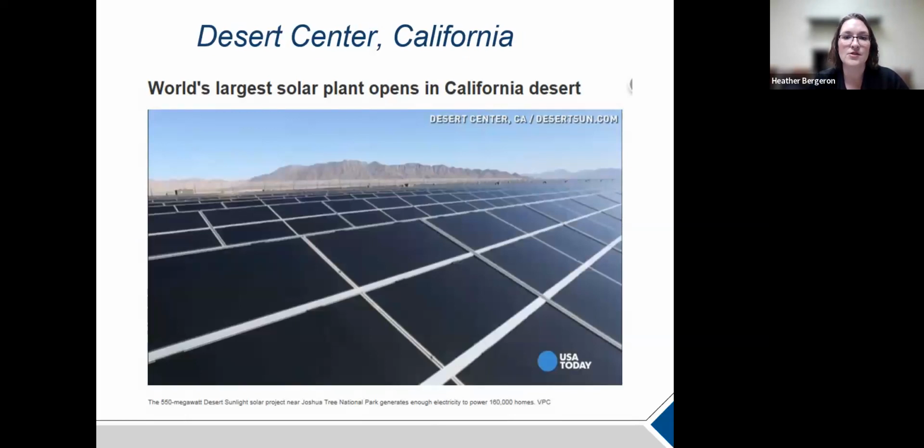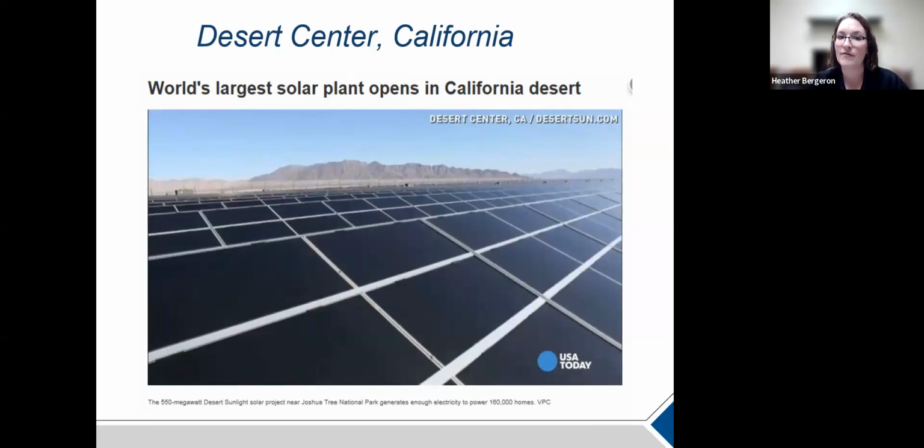The world's largest solar plant is shown here within the slide. It is located in the desert center of California. There are about 550 megawatts near the national park that generate electricity to power 160,000 homes.